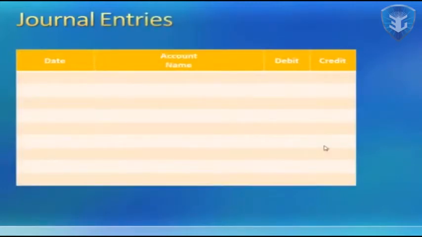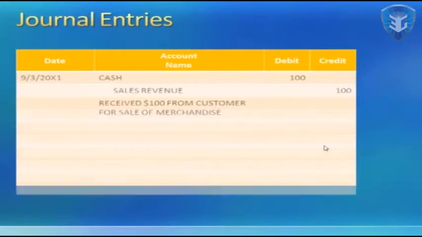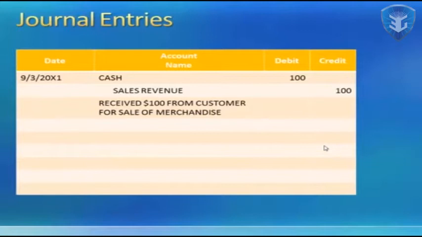Taking a closer look, we see a sample journal. It includes the date, the account name, debit, and credit. So if we recorded a journal entry that occurred on 9/3 of year 1, we see a debit to the account cash in the amount of $100, a credit to sales revenue in the amount of $100.